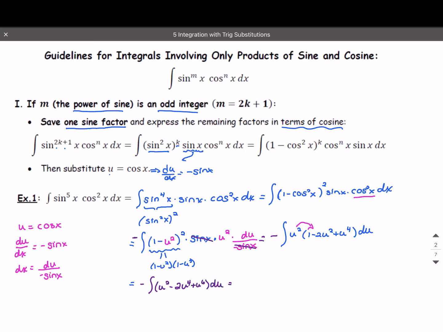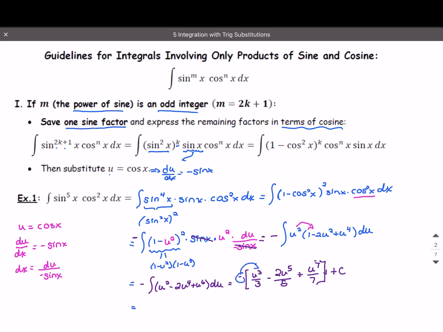Now we're ready for an antiderivative. We have the negation of u cubed over 3 minus 2u to the 5th over 5 plus u to the 7th over 7 plus c. Now we have to make our final substitution back, and I'm probably going to distribute that negative as I go.